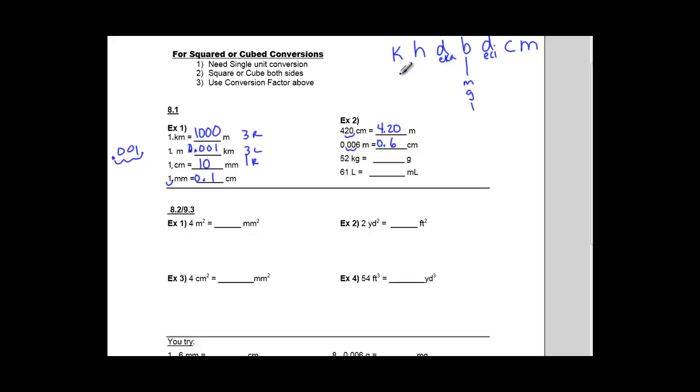52 kilograms, to get to the base unit grams, move to the right 3. So if I start with 52, 1, 2, 3, I'd have 52,000.